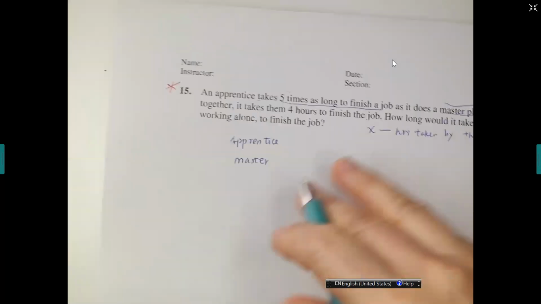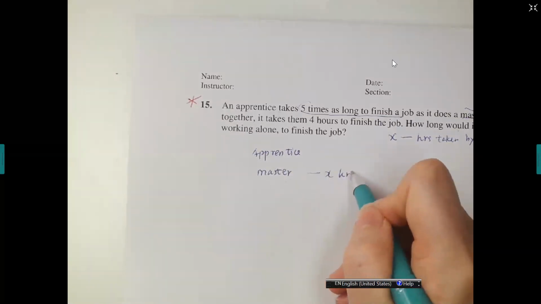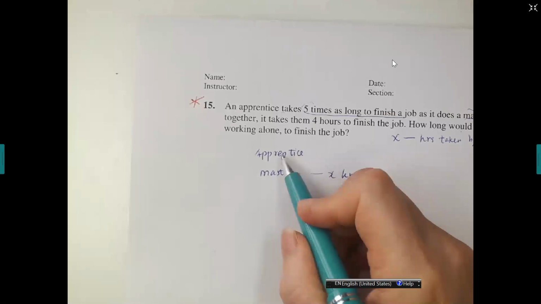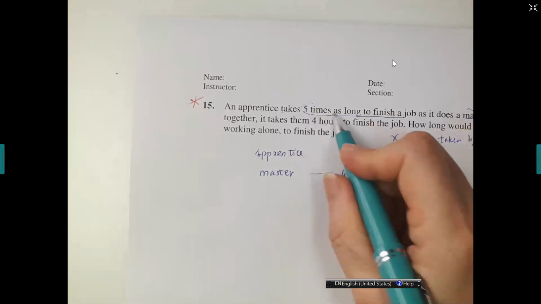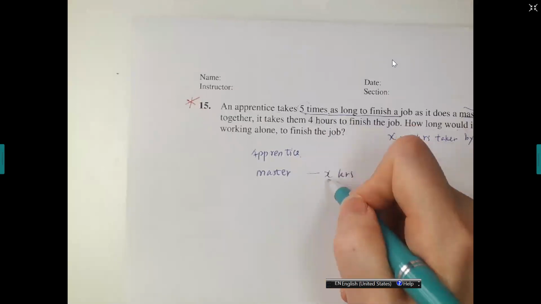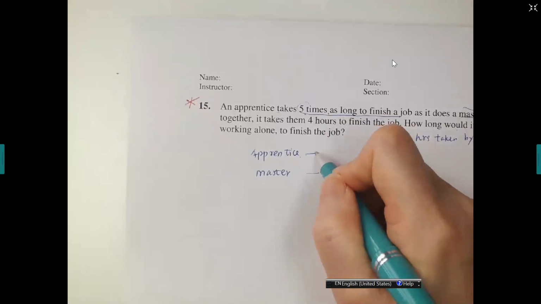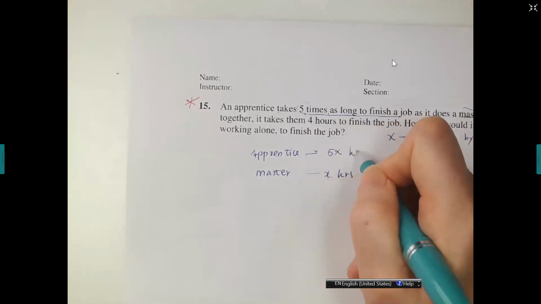So the master used X hours to finish the job. Then how many hours does the apprentice use? 5 times as long as it takes the master. So the master uses X hours, the apprentice uses 5X hours.